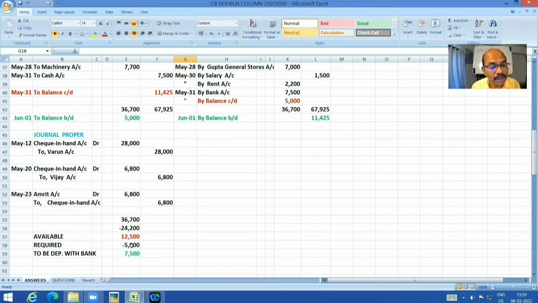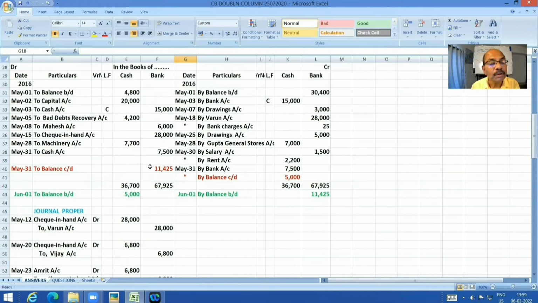Okay, leave that behind. The balance you dump into the bank. There is 7,500. Okay, I have put into the bank 7,500. Here also, I'm sorry, I missed writing the contra entry. Please don't do that. Make a contra here and a contra here also.